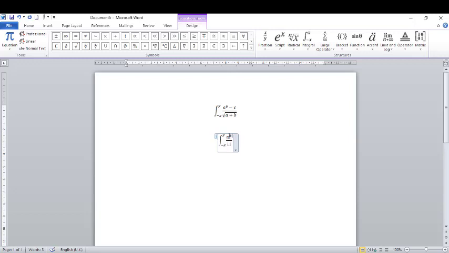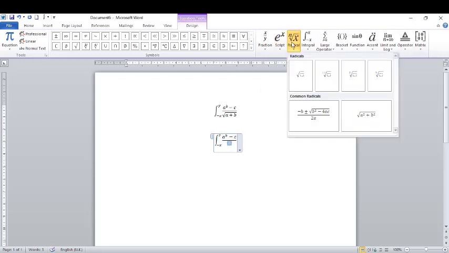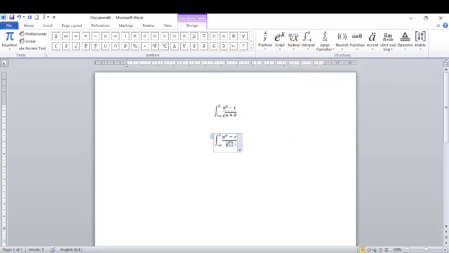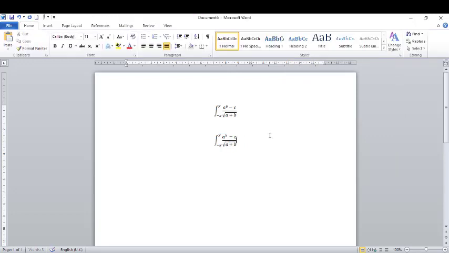Use my right arrow key to go down, then put my minus and letter C. Then down one I have the radical, and that radical is this. Inside the box I have simple A plus B, and that's that.